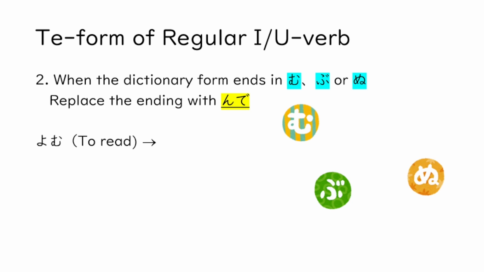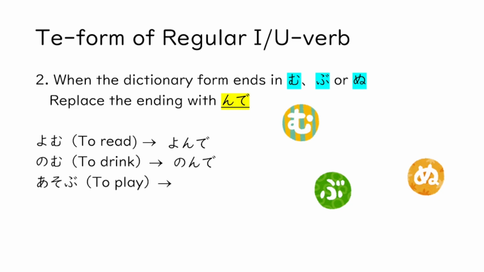Let's look at some examples. Yomu means to read, and since its dictionary form ends in mu, the te form is yonde. Nomu means to drink, and its te form is nonde. Asobu means to play, and its te form is asonde.